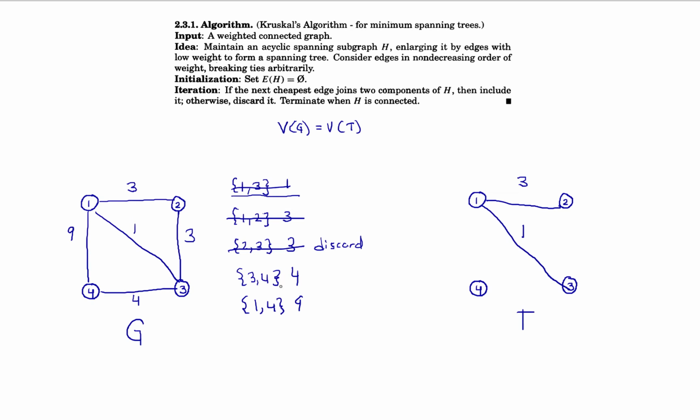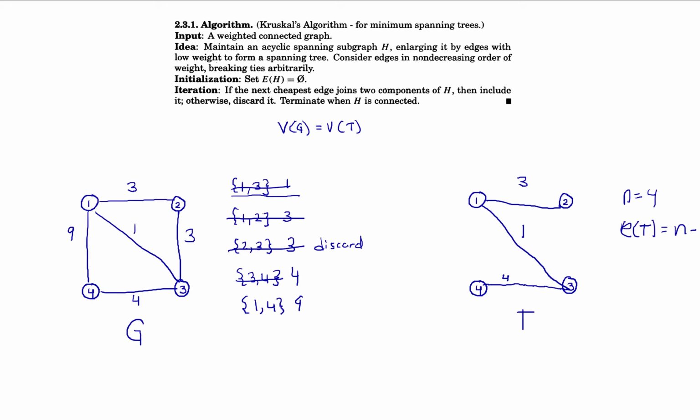Then I'm going to go ahead and continue with the algorithm, 3, 4. That is allowable. And here we reach a point where, if you count my vertices, I have 4 vertices. And right now I have n-1 edges.